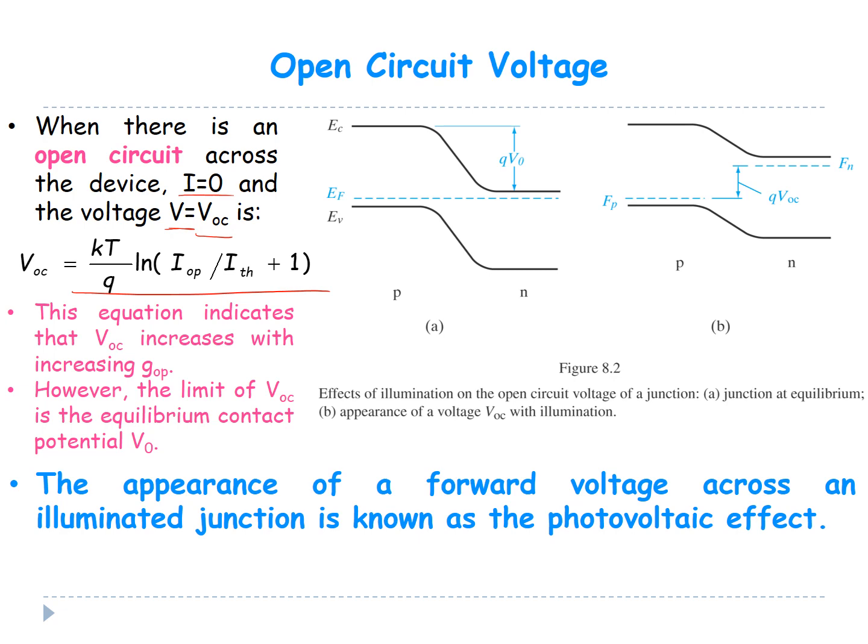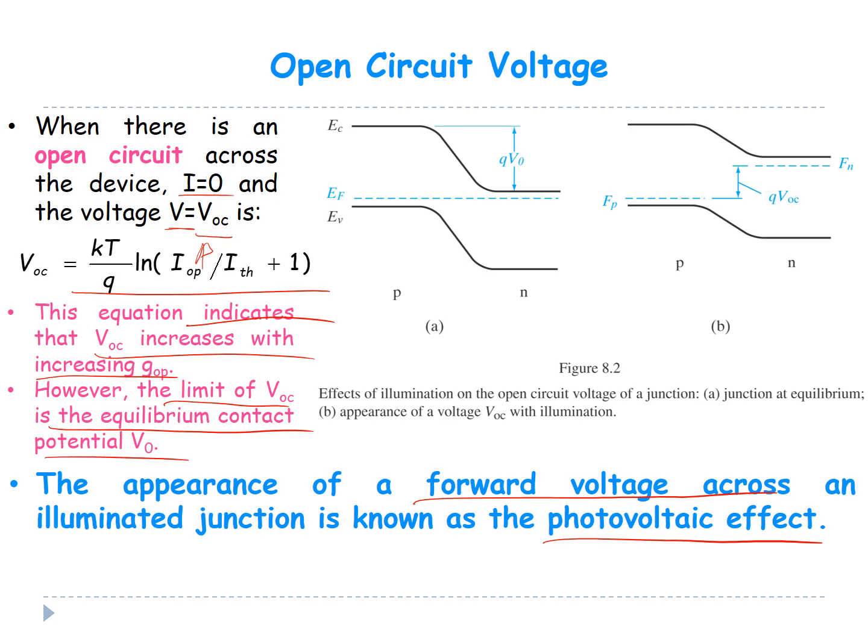So you've got this open circuit voltage, and the appearance of this open circuit voltage, which is a forward voltage across the illuminated junction, is what we call the photovoltaic effect. The equation indicates that V_OC increases with G_OP. So if your G_OP increases, it means your I_OP increases. But it is important to note that the limit of V_OC is the equilibrium contact potential. So V_OC cannot be larger than the equilibrium contact potential.